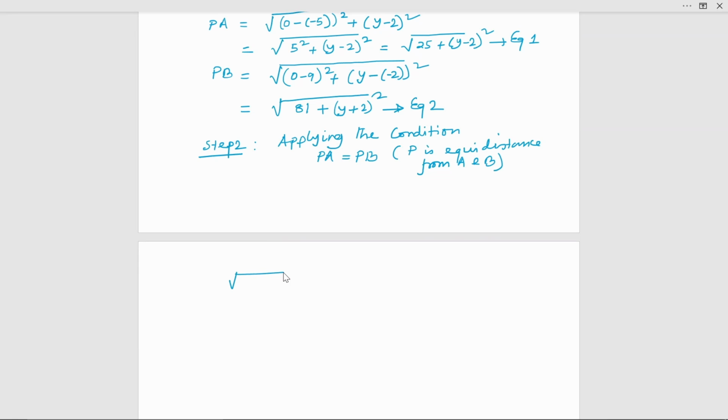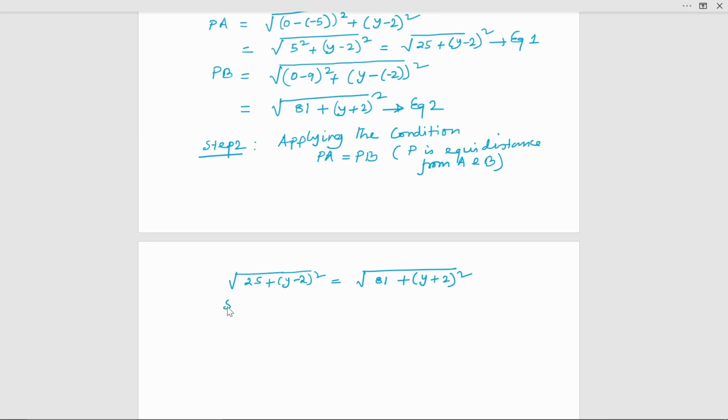root over 25 plus (y minus 2) square is equal to root over of 81 plus (y plus 2) square.